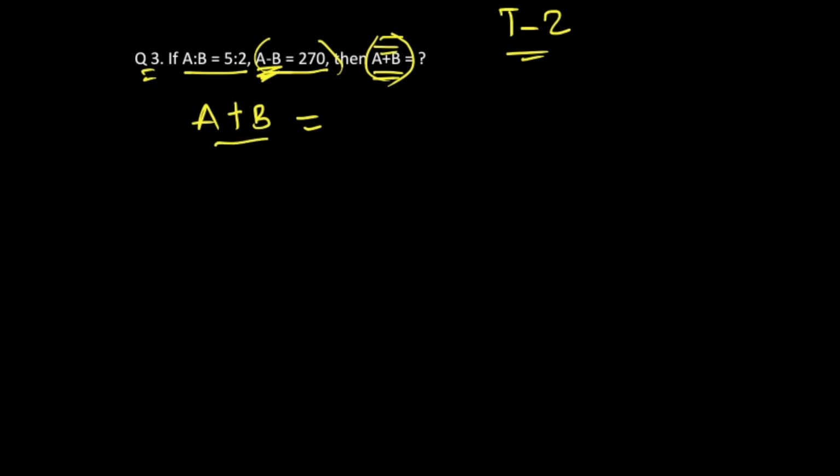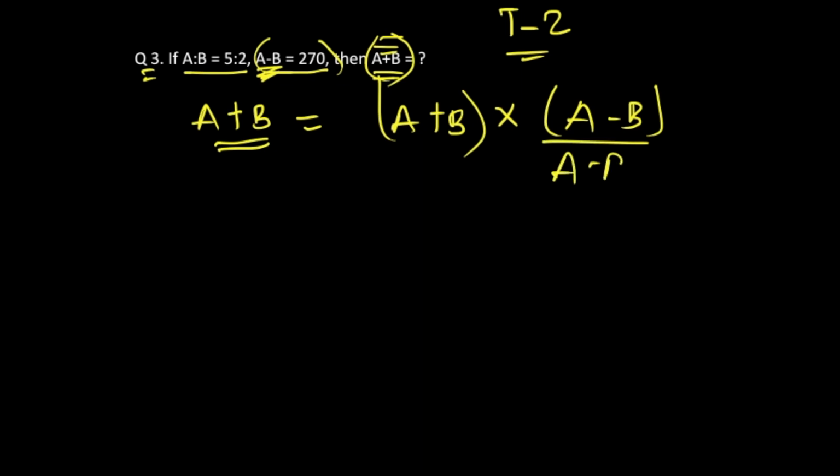You can write A plus B as A plus B multiplied by A minus B divided by A minus B, because this will get cancelled out and the expression that would remain would be A plus B. But there is a catch here. We are given A minus B in absolute terms as 270.